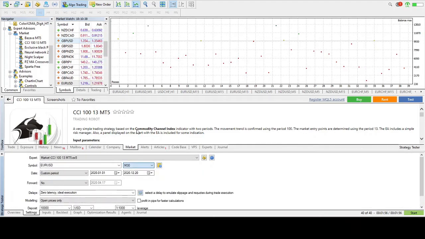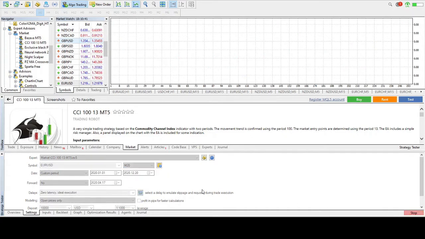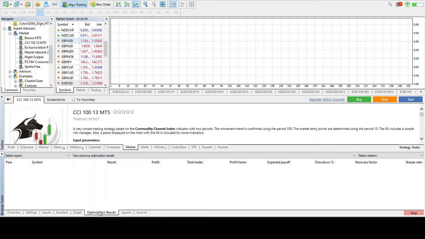Now let's look at the 20-minute and see what we've got going on there. When I ran a test, I found the GBPUSD was the big winner on that time frame. So different currencies show up on different time frames, depending on the algorithm. And this is just open prices only, so it's giving us a general idea that this is producing a profit, but you're never going to buy it on the open.